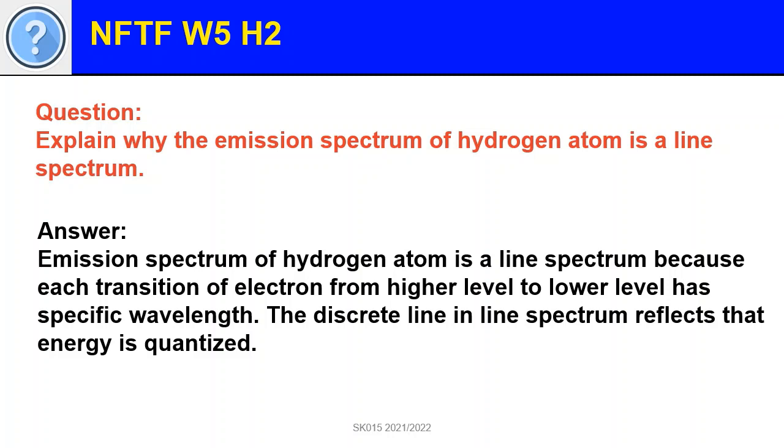The discrete line in line spectrum reflects that energy is quantized. So yang penting ni dekat sini adalah part yang ni, each transition has a specific wavelength. Ini yang menyebabkan ada line. Okay, and then dia kata the discrete line reflects that energy is quantized. So this is the answer.